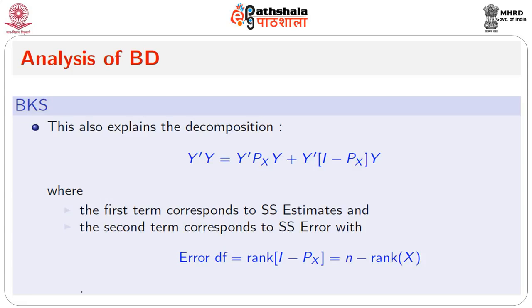Whereas the first part refers to the estimation space, the second part refers to the error space. That's why y prime (I minus P) y refers to sigma square. So the first term corresponds to the sum of squares due to estimates, and the second term corresponds to the sum of squares due to error, and the error degree of freedom is nothing but the rank of I minus Px, which is n minus rank of X, and that is how we go for further computations.